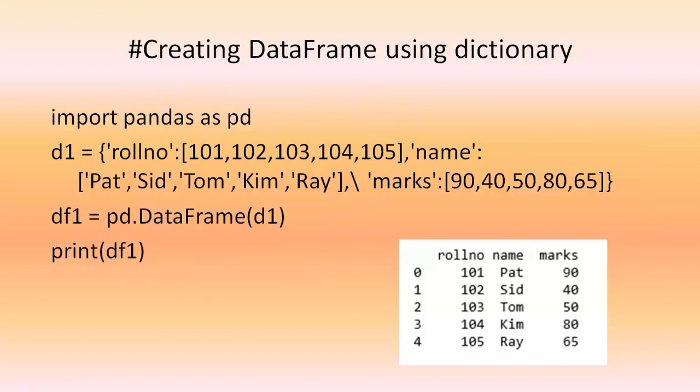In roll number is stored 101, 102, 103, 104, 105, and in name column Pat, Sid, Tom, Kim and Ray. Whatever name you want to store, you can write down simply, no problem at all. In marks, simply write down marks separated by comma. So we have three columns and five rows.